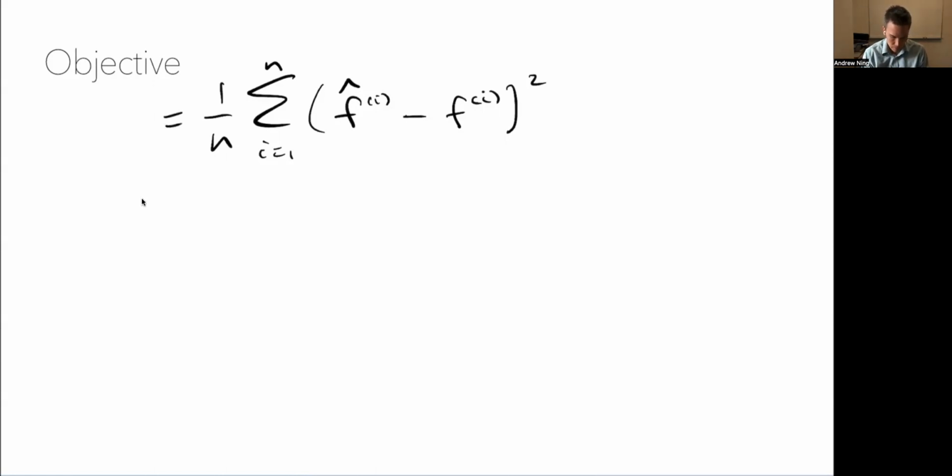Notably, in the book, we call this F. Actually, what did I write in the book? I just want to be a little consistent here with what I wrote. Oh no, I did call it F. Normally in the book, we call this objective F. I'm being a little confusing here because I've now got f's and F's.